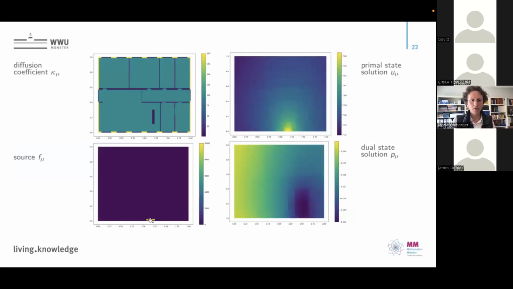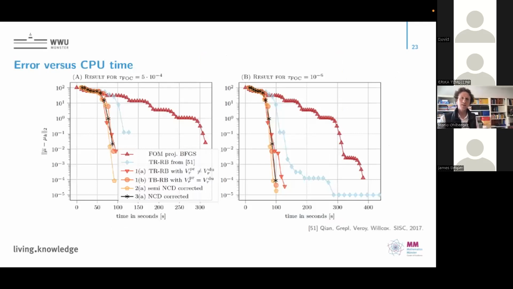This visualizes one of the heaters, one source on. If this source is on, then the primal solution looks like that. And this is the dual solution, where the dual solution is with respect to getting the temperature in the childcare room fixed. And if you now compare the solution strategies that come out of this algorithm with what I showed you at the beginning, where we have this large offline phase, and then certainly the model reduction pays off.